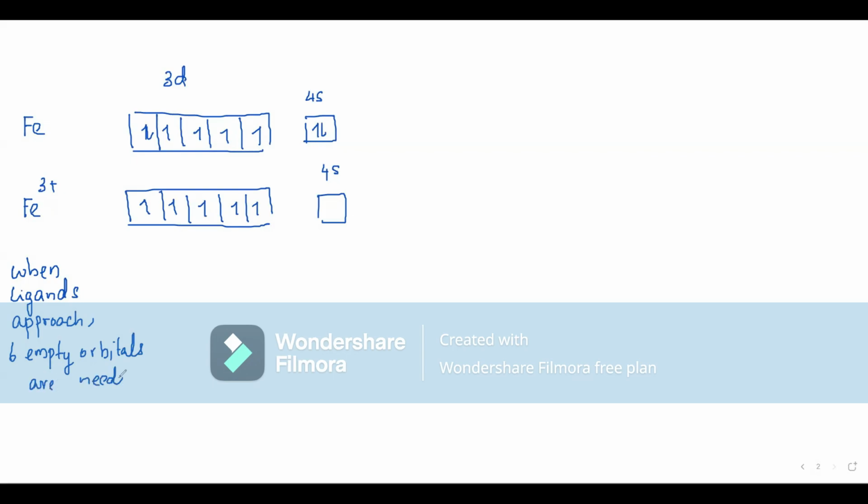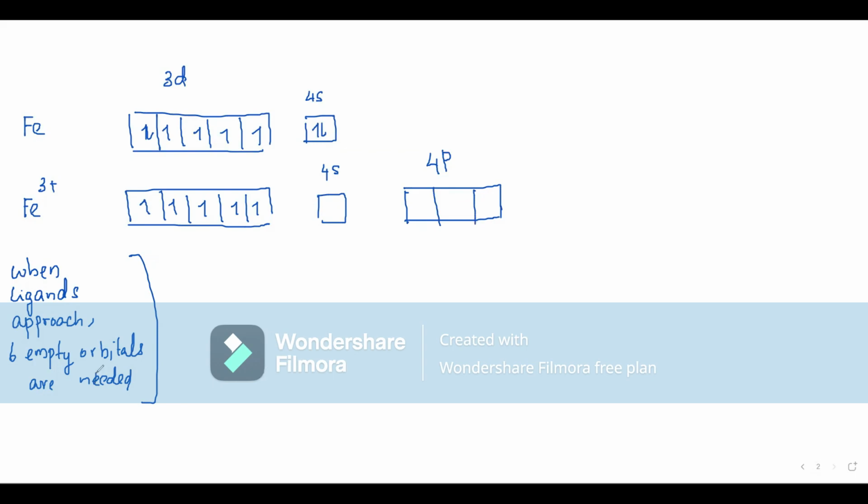But do you have 6 empty orbitals? No, you don't. You just have the 4s orbital empty. So you will have to bring in the 4p orbitals.